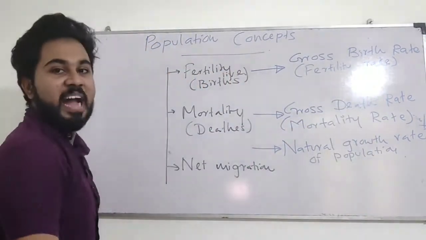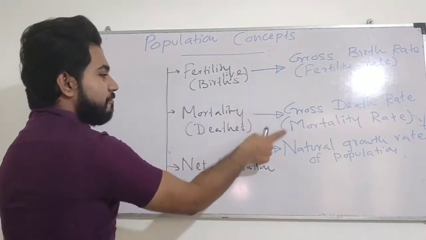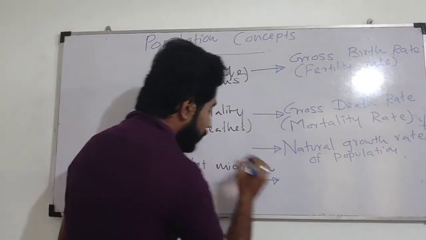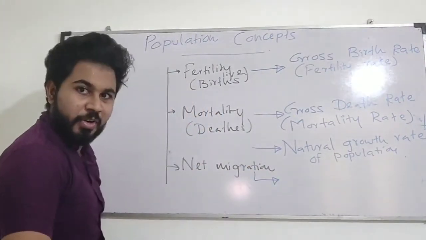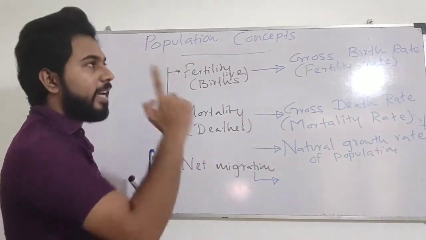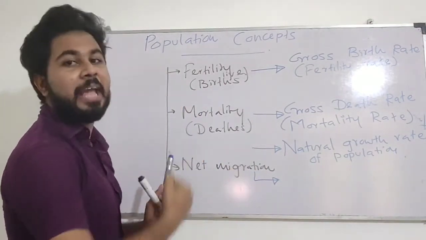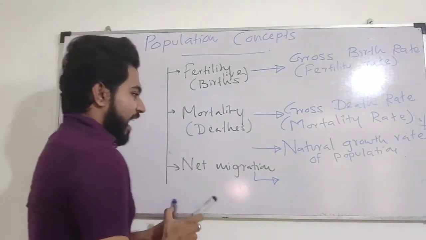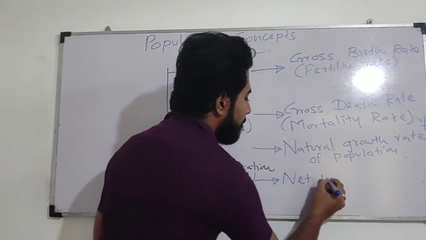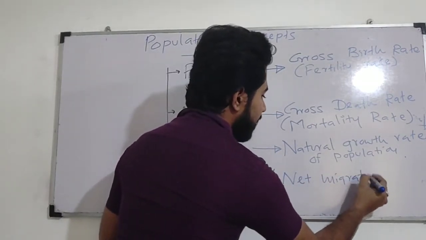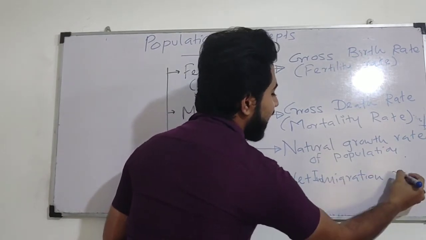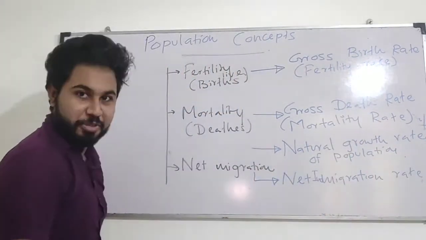We will discuss this part after discussing fertility rate and mortality rate. And then, with regard to net migrations, how did we calculate the net migrations? The difference between immigration and emigration, right? So with regard to this one, we will discuss net immigration rate.